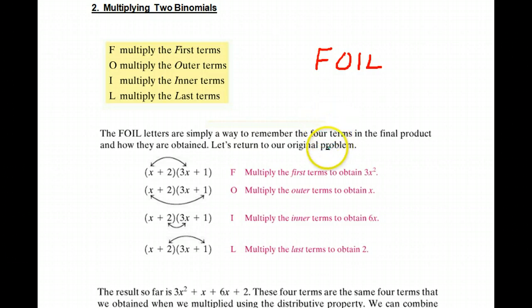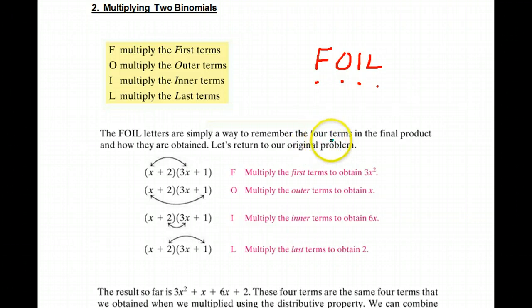FOIL is an acronym that stands for first, outer, inner, last. And it tells us the steps in which we should multiply the terms in the two binomials.